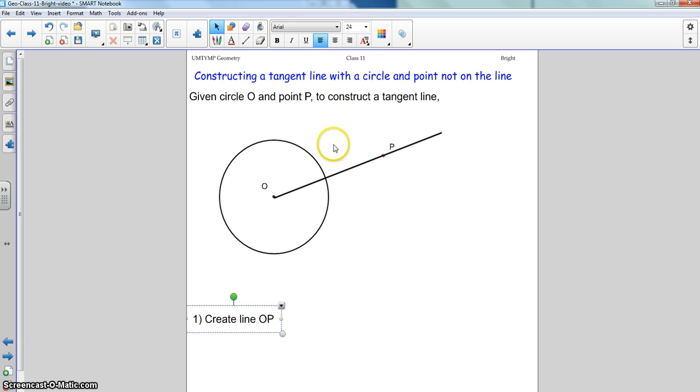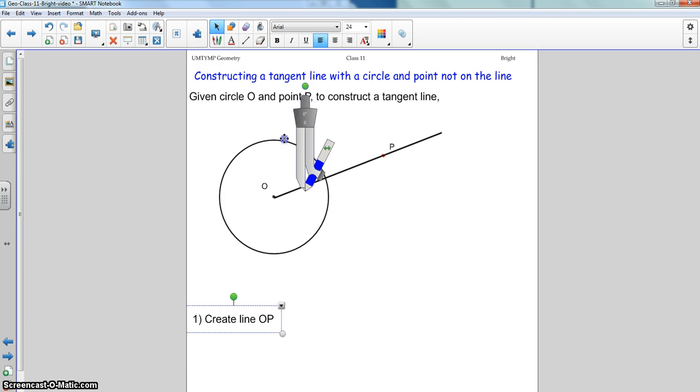Alright, next we're going to want to determine the midpoint M. Why? Because it's going to allow us to make a circle that will eventually allow us to determine the points of tangency. So to determine the midpoint, I need my compass again.